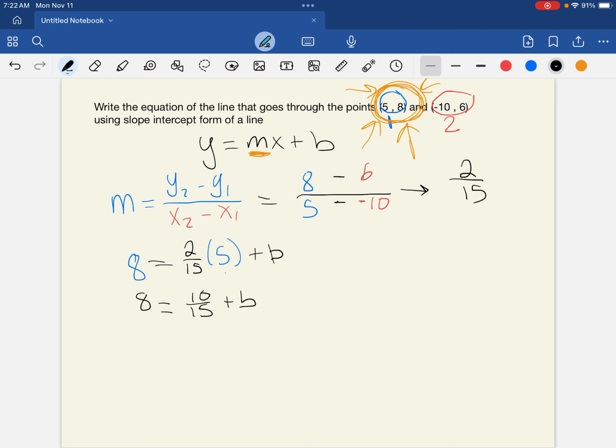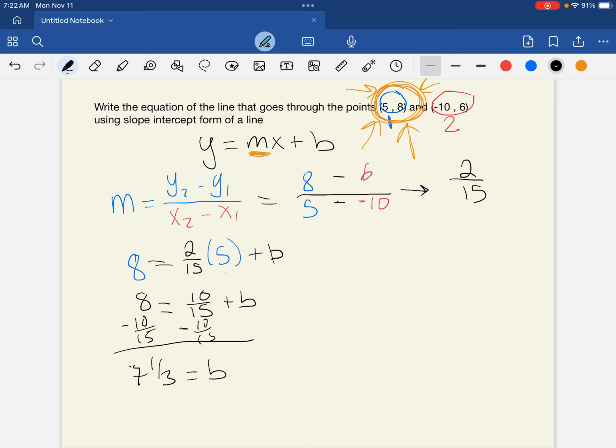I'm going to subtract 10/15 from both sides. And as I do this, I probably should have found a calculator before I started. And 8 minus 10/15 is 7 1/3.